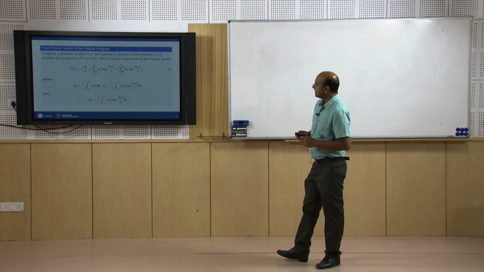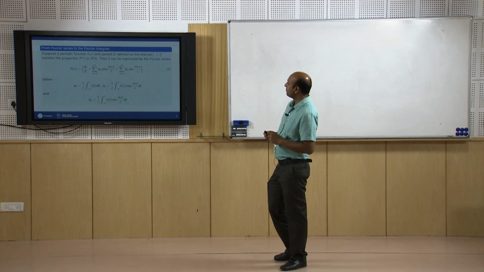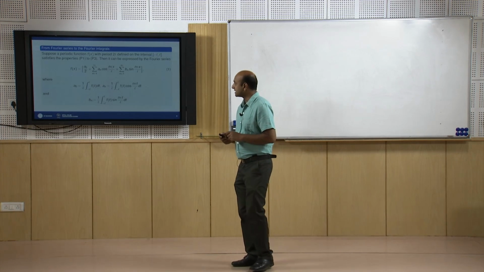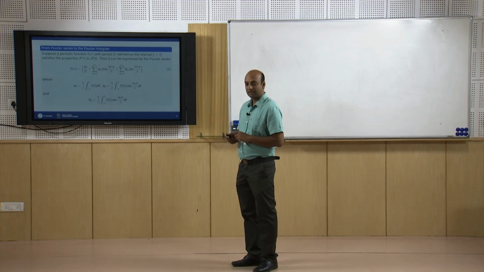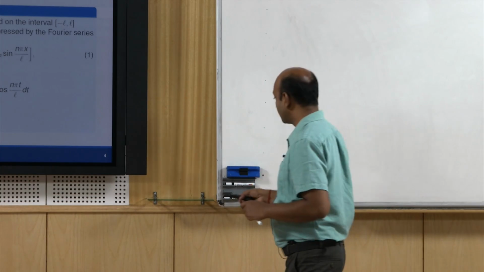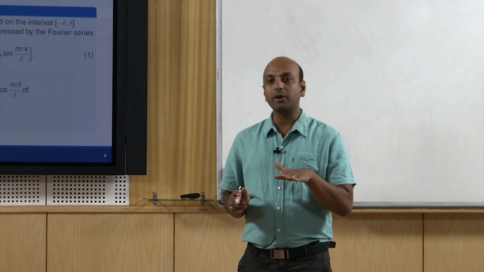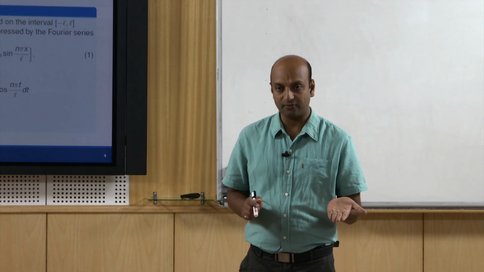Again, suppose f(x) is a periodic function with period 2L defined on the interval minus L to plus L, satisfying the properties P1 to P3 which we have discussed. Then it can be expressed by a Fourier series in this way. Basically, we derive the Fourier integral from the Fourier series itself.